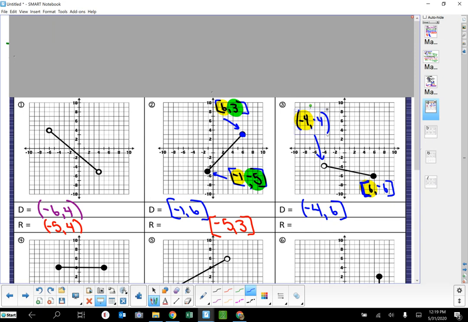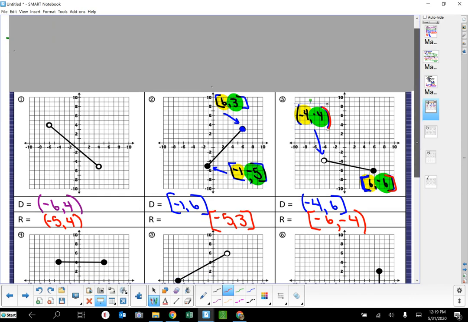Okay. Now your range for this guy, let's highlight those in green like we did in the last problem: -4, -6, and we're going least to greatest. So the -6 is the smaller value. So we're going -6. That -6 has a bracket around it. And we're going up to -4 with a parenthesis.